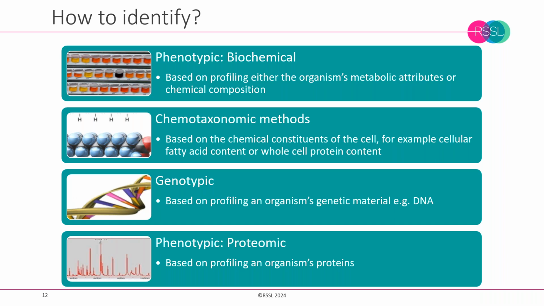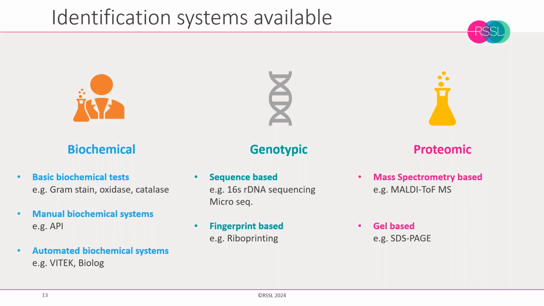So from that, we have identification systems that are available, and principally these are genotypic, which not that many laboratories will have because the technology is expensive, and if you are fortunate to have that, then probably the justification of purchasing that is the level, complexity and sheer number of identifications you're probably conducting.